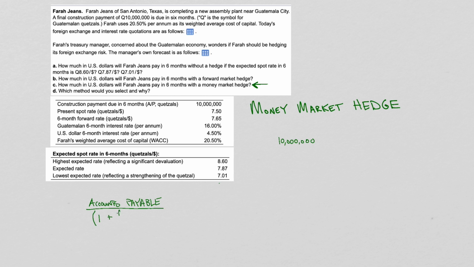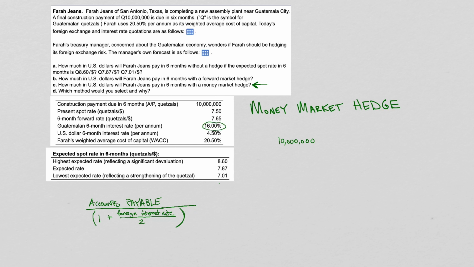But when we convert it today, we're immediately going to go to a Guatemalan bank and park the cash, because why not? We might as well earn a rate of interest for the 6 months until the payment is due, rather than not earn money. So that's why the 2 is there, because I'm talking about annual interest rate here, and we're only looking at parking our cash for 6 months, so half a year.